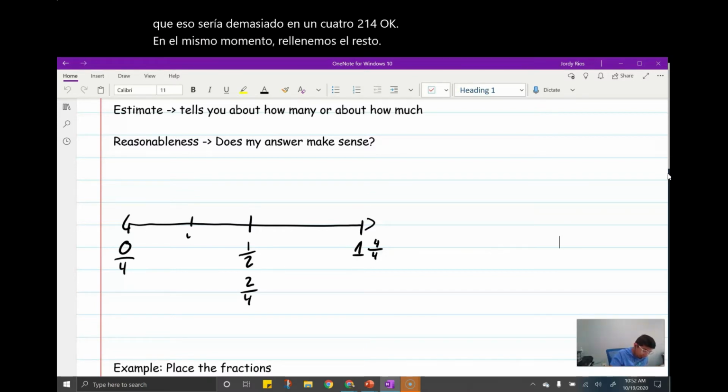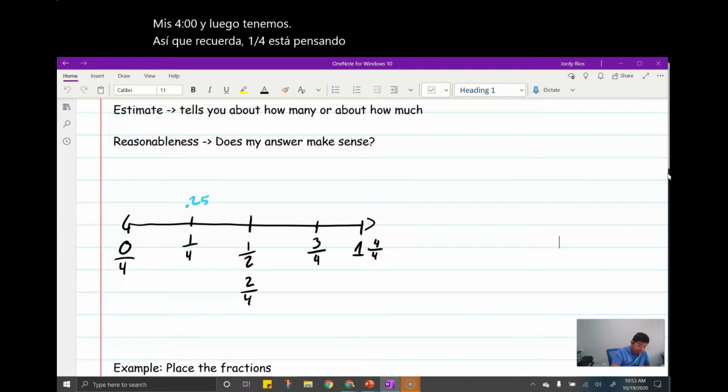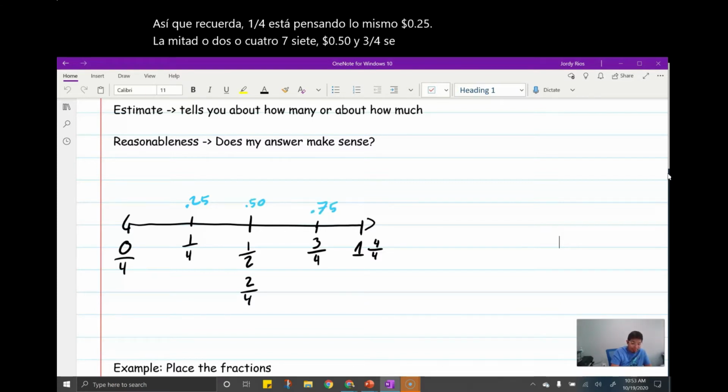1/4, and then we have 3/4, okay? So remember, 1/4 is the same thing as saying 25 cents. Half or 2/4 is the same thing as saying 50 cents. And 3/4 is the same thing as 75 cents. Okay? And then we have $1.